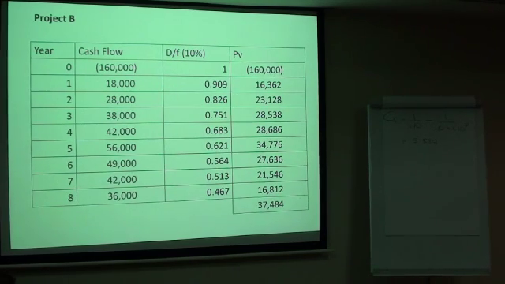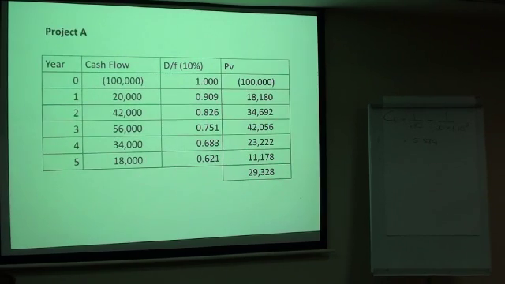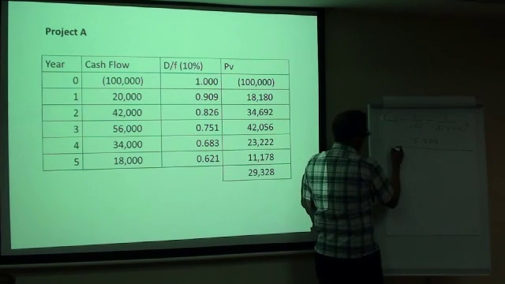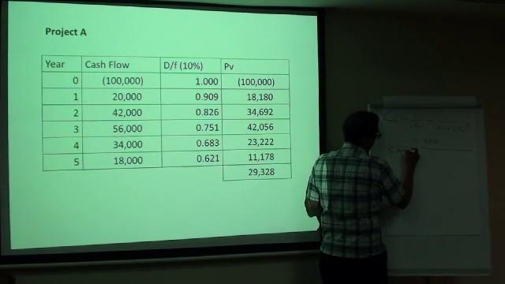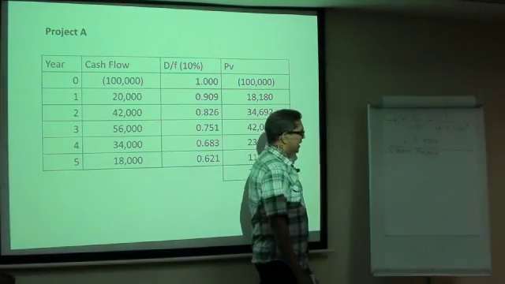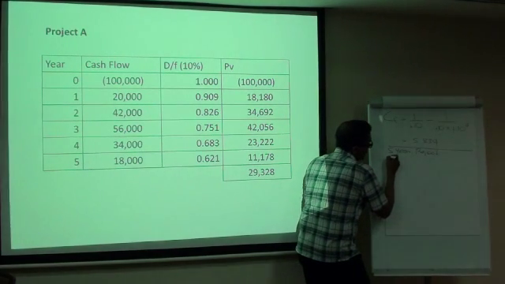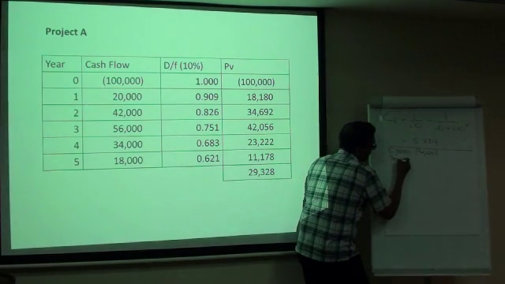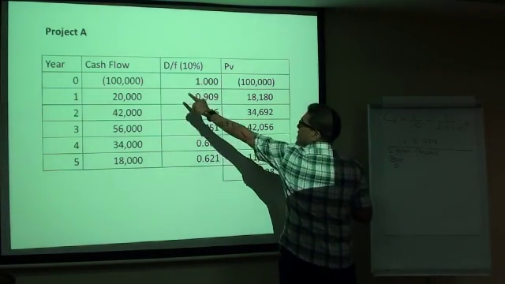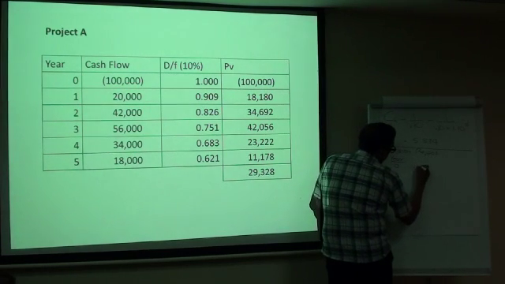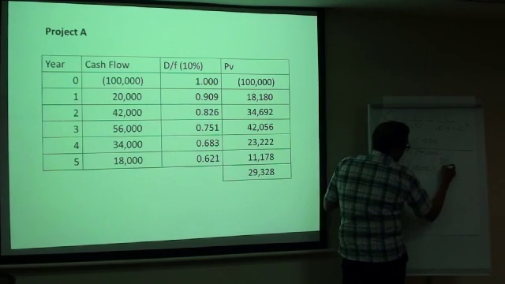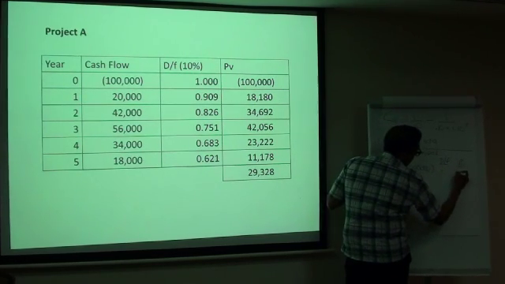Actually what we are doing here is, we take the 5-year project and ask, at year 0, what do we invest? We invest 100,000. So we have a discounting factor of 1 and a present value of 1.